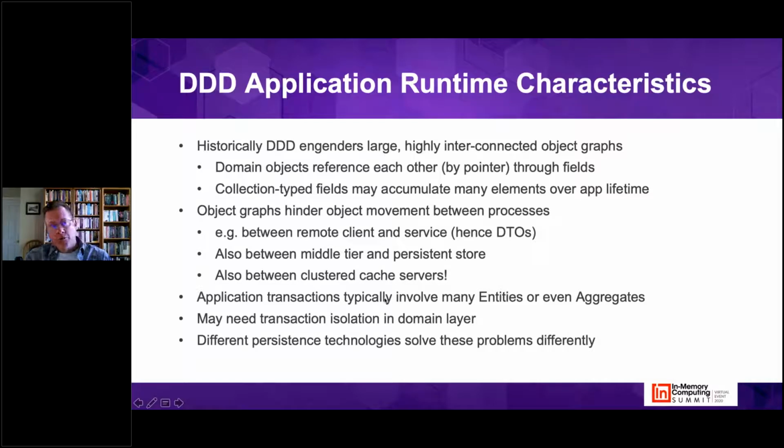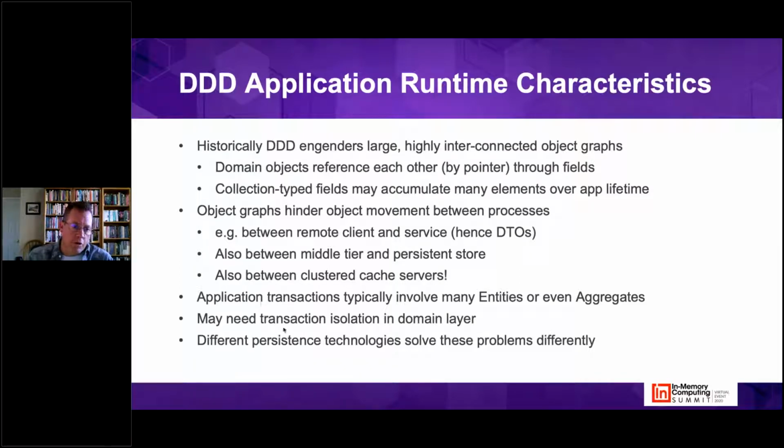Another characteristic of DDD applications at runtime is that, quote unquote, application-level transactions usually involve multiple entities, and they may even involve multiple aggregates. This tends to depend on user interface design or API design. So you need to be able to atomically mutate many objects at a time, which may be in separate aggregates depending on UI design.